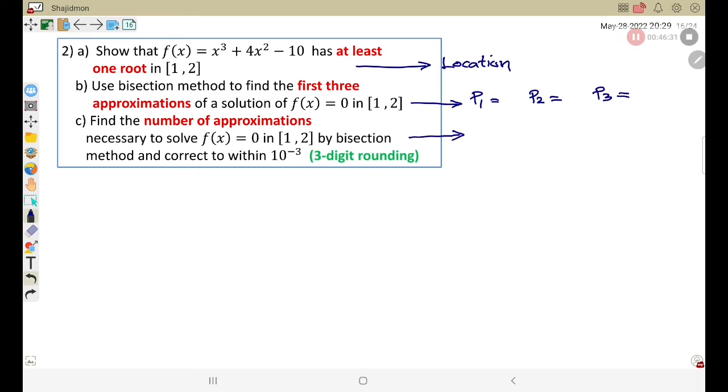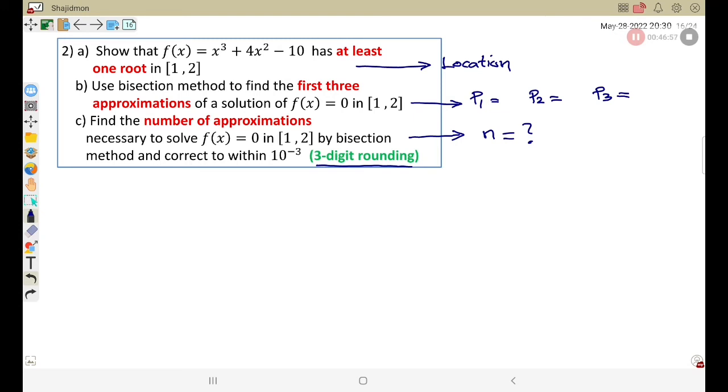Third, how many approximations, that means what is the n value, how many steps the computer will take for getting the solution. In all the questions, the calculations are with 3 digits rounding here, correct? All the calculations we need to do with 3 digits rounding. Okay, I hope you understood the question.